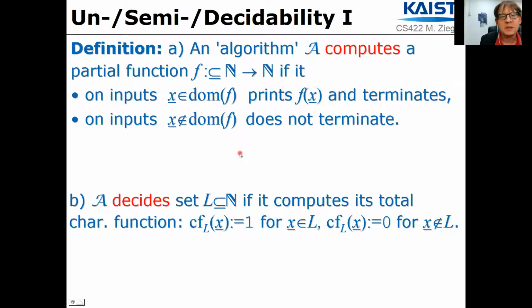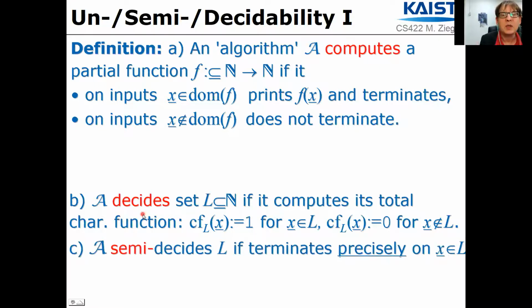In particular, the user running a decision algorithm will always get an answer and will be able to be sure of the answer. So the case where the user is not sure because the computation does not terminate does not occur according to this notion. So this is a strong notion intuitively.